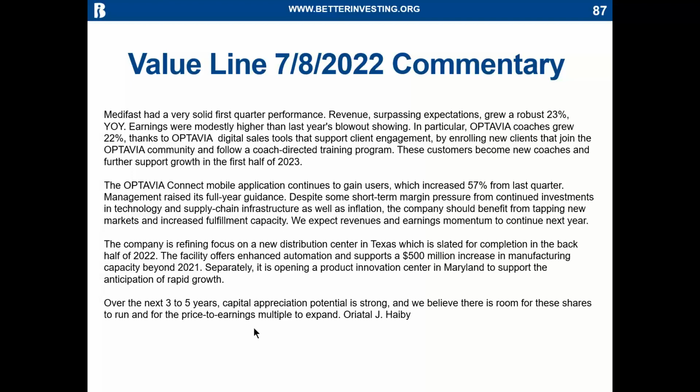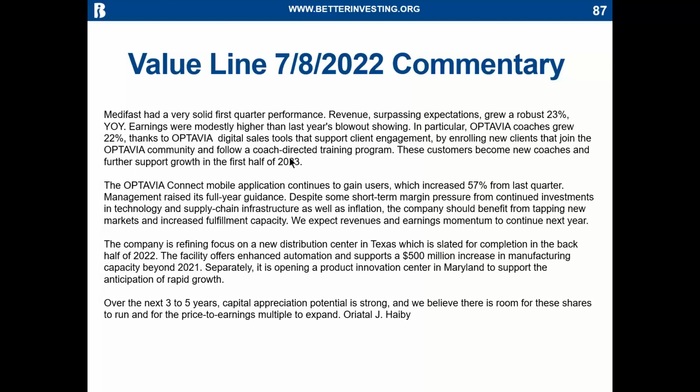So Optavia is where they are taking people who were clients, and now they're going to be growing them into coaches. And that program grew 22%. And so those customers then becoming new coaches, they further support the growth in that first half of next year.